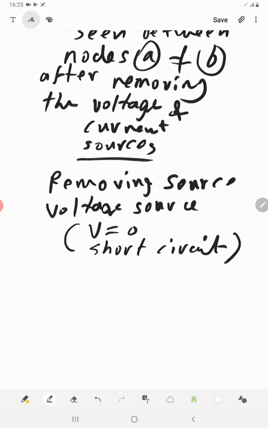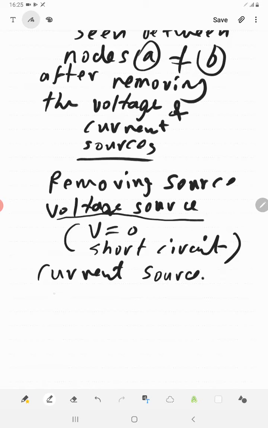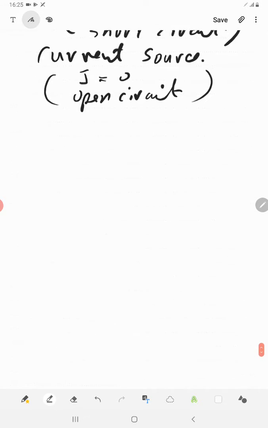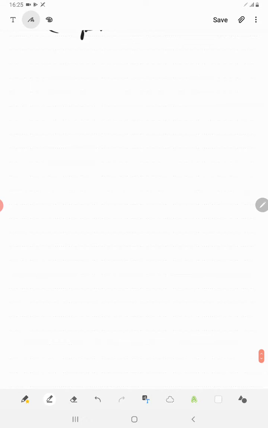So if we have a voltage source and we want to make it zero, we make it a short circuit. For the current source, if we want to remove it, it means we make I equal zero. I equal zero means we open circuit the current source. Now, the best way to demonstrate that is through an example.